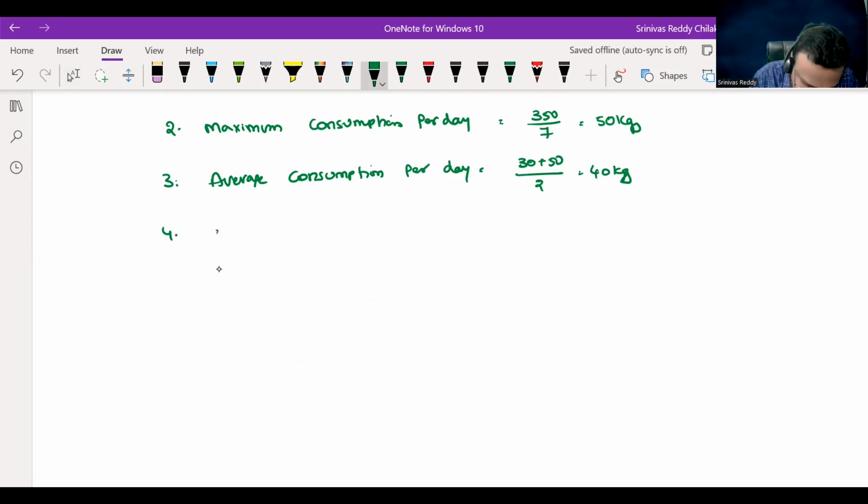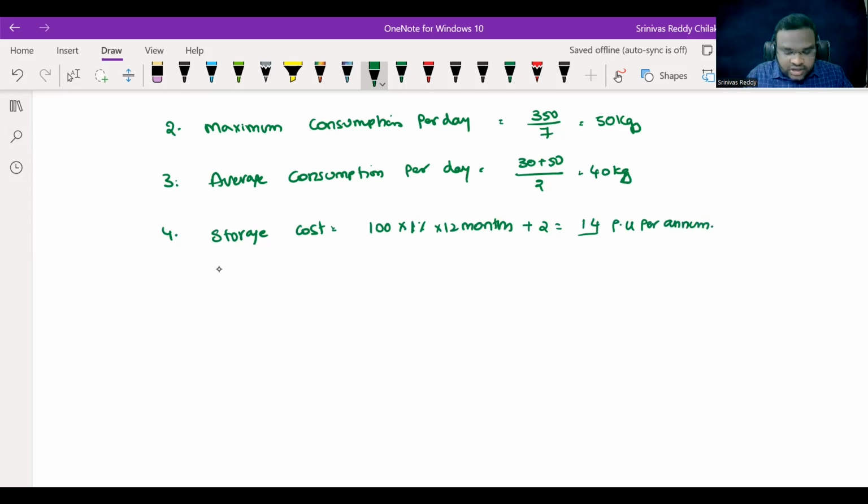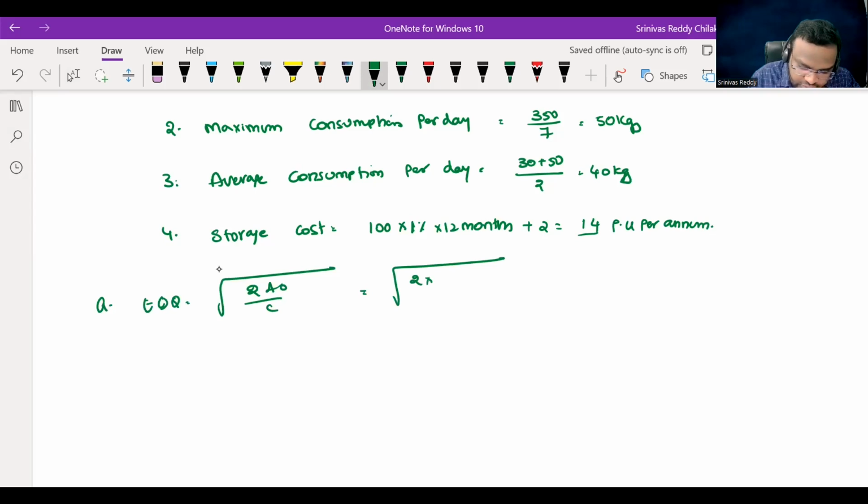storage cost: 100 rupees into 1% into 12 months plus 2 rupees, which is equal to 14 rupees per unit per annum. Right? Now, what is the first question they ask you? First one is economic order quantity, square root of 2AO by C, 2 into what is annual consumption?